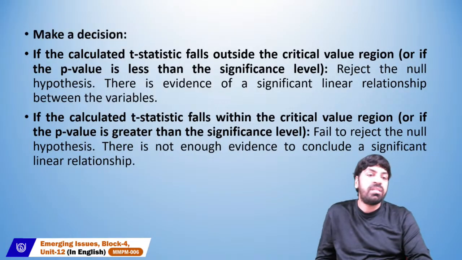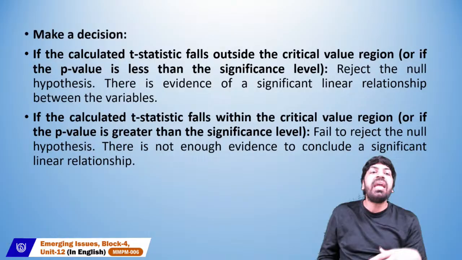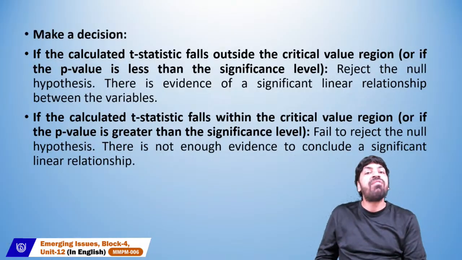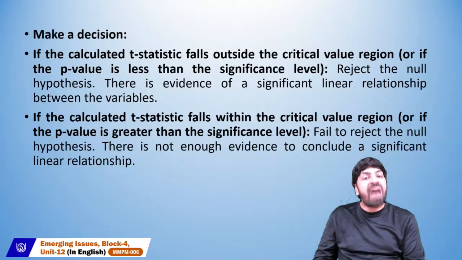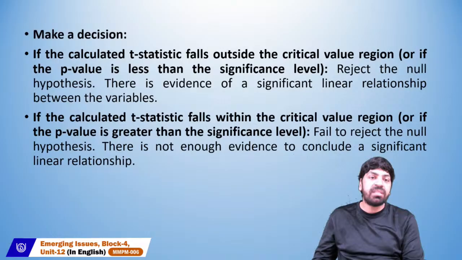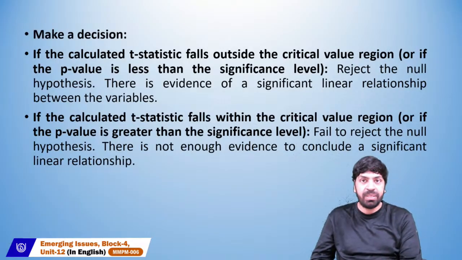If the calculated t value is more than the table value, we reject the null hypothesis and a relationship exists between the two variables.